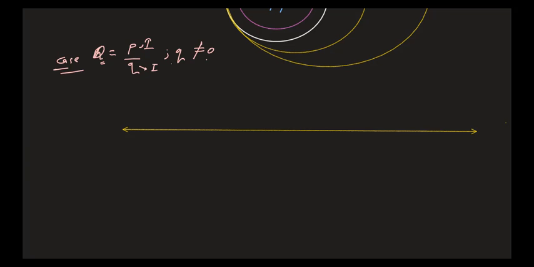Now case one is this: if the ratio of two numbers p and q has p less than q, meaning the numerator is less than the denominator.